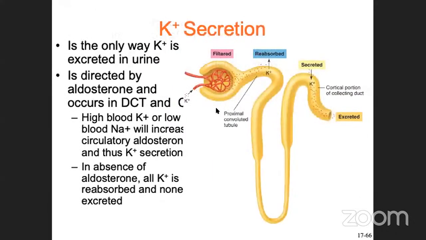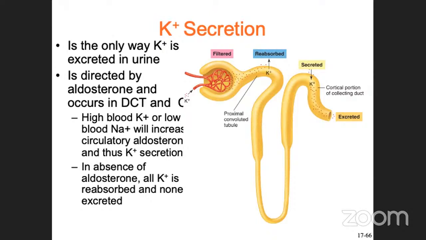All right, potassium secretion is the only way potassium is excreted in the urine. It is directed, of course, or regulated by aldosterone and occurs in the late stage of the tubules, like the DCT and the CD.